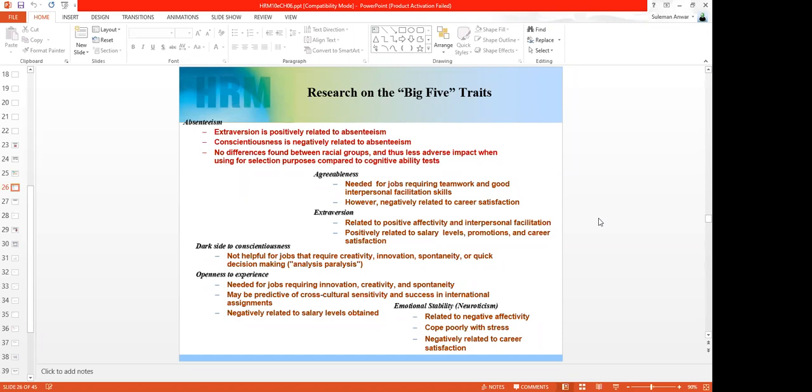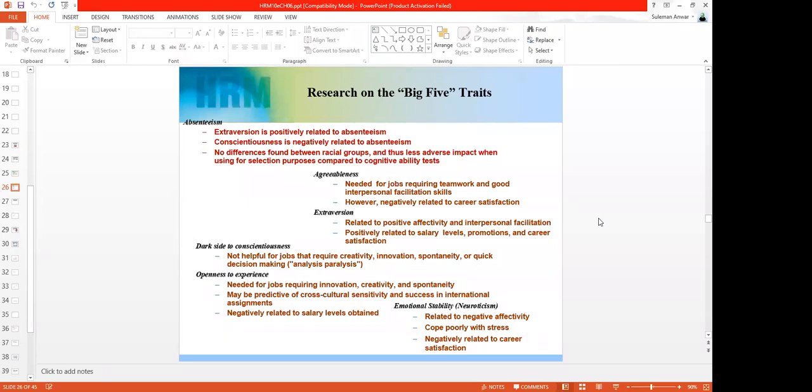Now let's see agreeableness. It is needed for jobs requiring teamwork and good interpersonal facilitation skills. This means that people with a higher agreeableness test score will have good interpersonal facilitation skills.